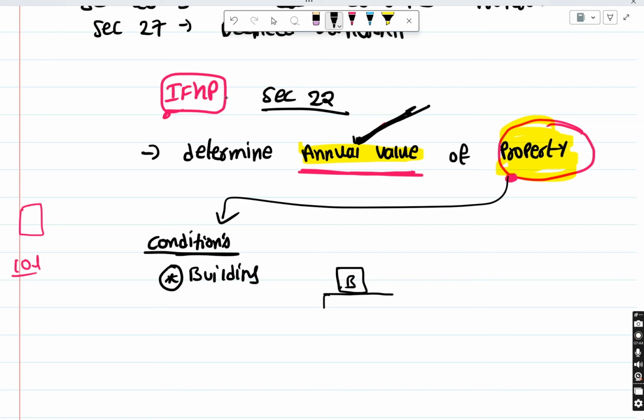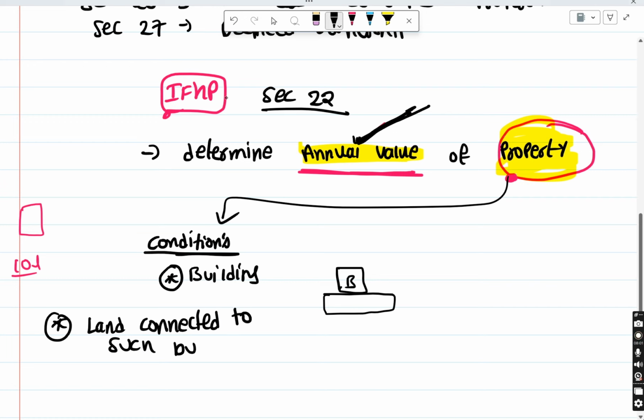What about the land which is connected to that building? We call it land appurtenant thereto. They might use the word. In other words, land connected to such building, like garage, garden. From that land also, if you are getting any money, which is connected to the building, I'm not talking about separate land, it should be connected to the building.